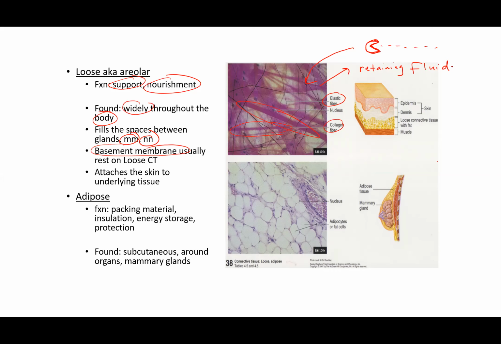Fluid that is inside of the blood vessels and inside of your lymphatic vessels leaks out and goes into the loose connective tissue area. It starts to swell and it can expand pretty big because of the elastic fibers and the collagen. It's expandable.